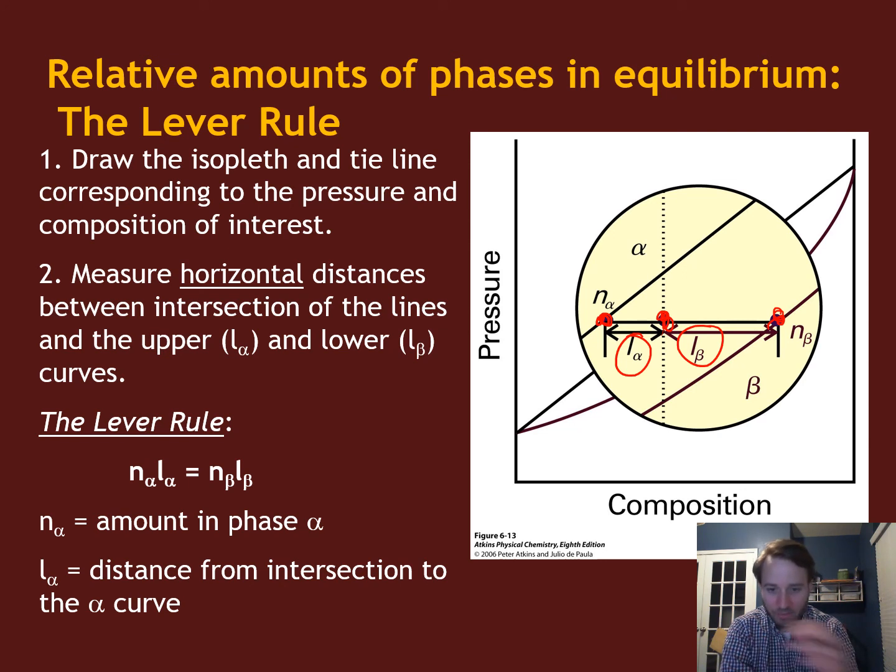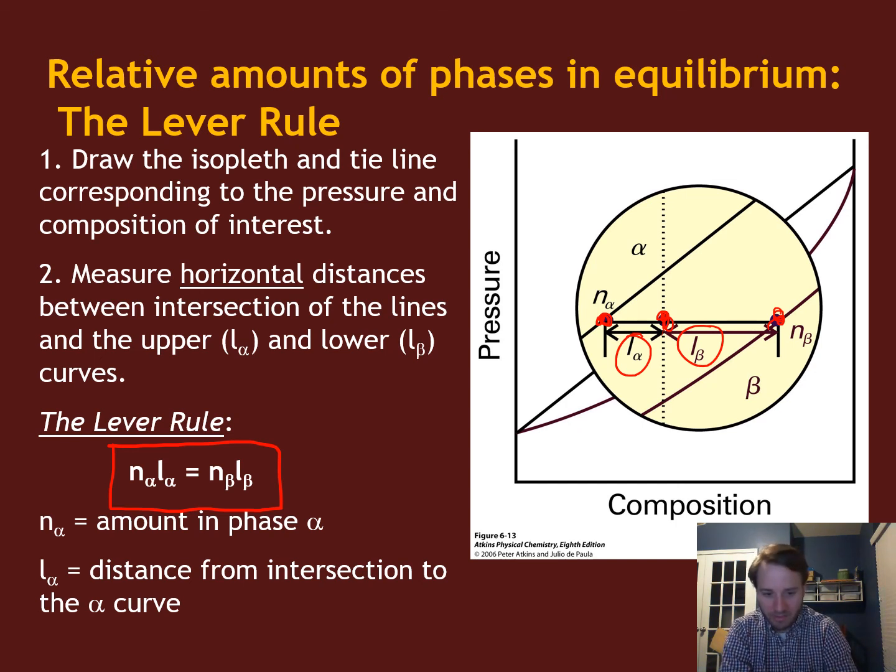If you have those differences, then you can relate the total number of moles in the alpha phase with the total number of moles in the beta phase, given this equation here, where the number of moles in the alpha phase times that distance, L alpha, has to equal the number of moles in the beta phase times the distance L beta.